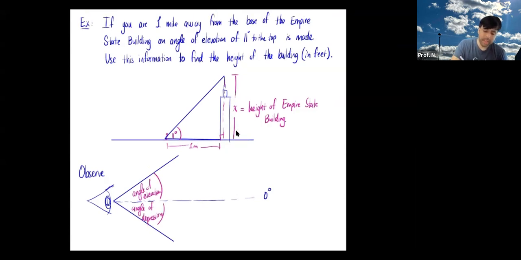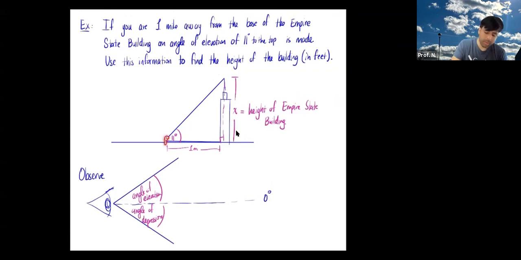So what we're saying is that the angle of elevation made with the observer to the top of the building is 11 degrees from the 0 degree mark. This 0 degree mark is parallel to the ground. If you just look straight ahead, parallel to the ground, that's the standard way that we view things.